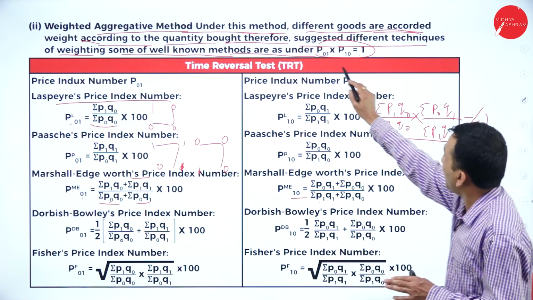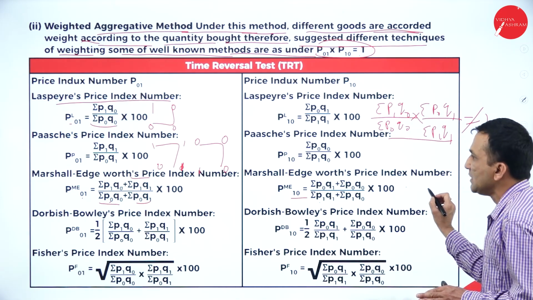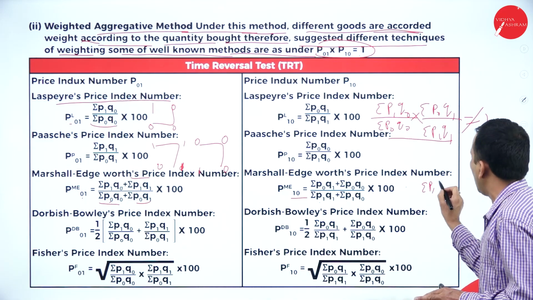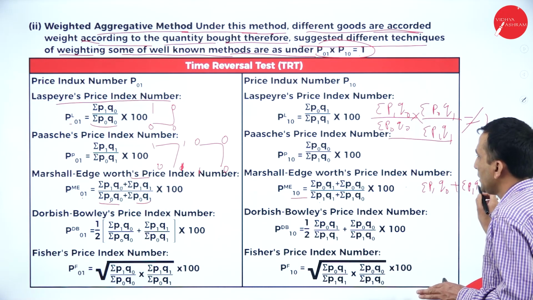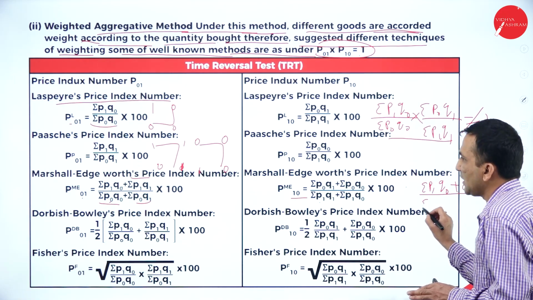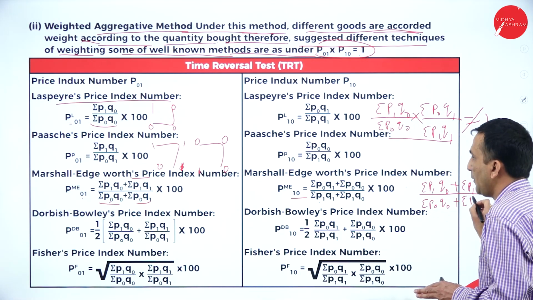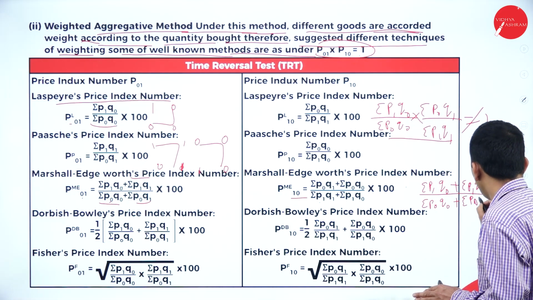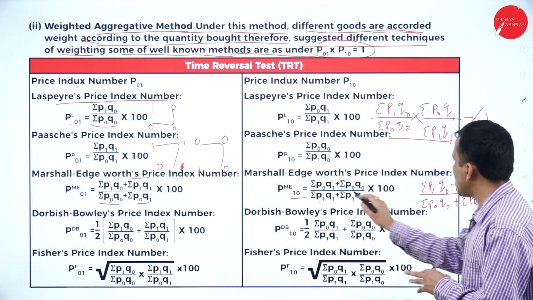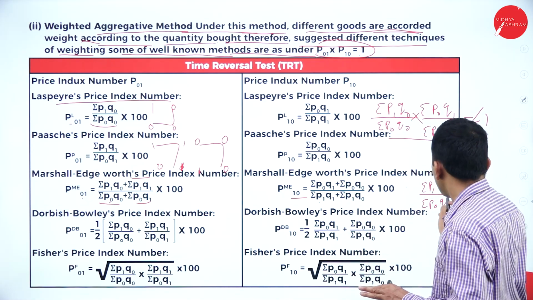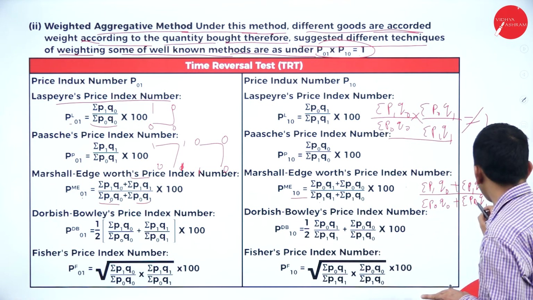So time reversal, the formula P01, whatever the normal condition is there, we are writing as it is. So when we are writing sigma P1 Q0 plus sigma P1 Q1 divided by sigma P0 Q0 plus sigma P0 Q1, again multiply with the reverse. In case when you are writing combined together, here in this case we can cancel directly P0 Q1 easily.